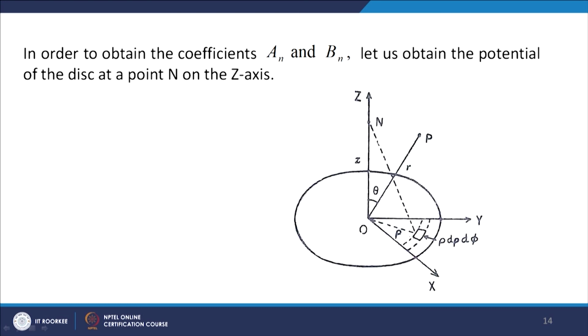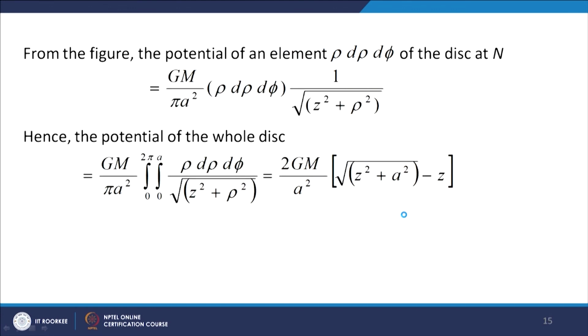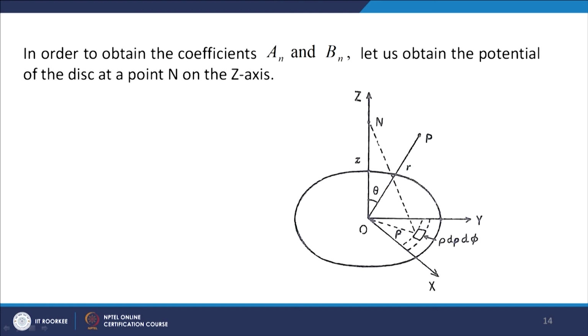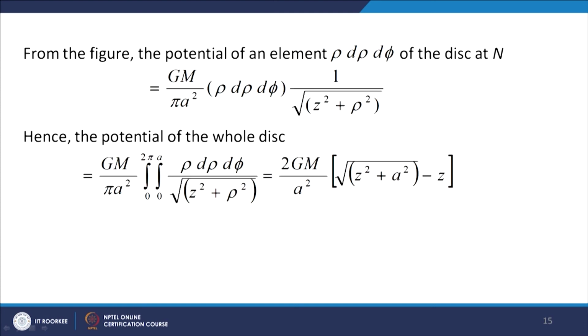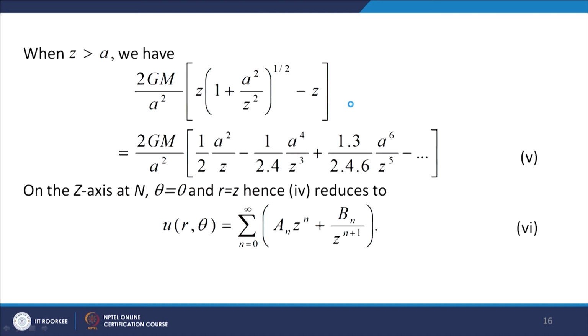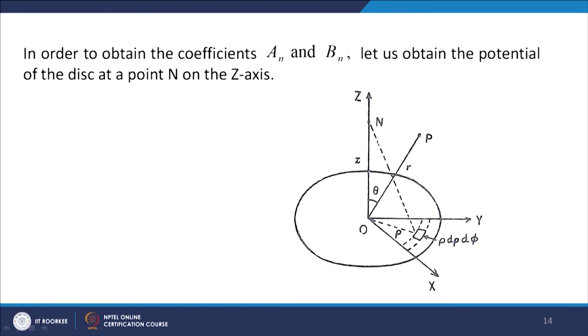For this element, the potential of an element rho d rho d phi of the disk at the point N will be equal to GM over pi a square rho d rho d phi into 1 by root z square plus rho square. Root z square plus rho square is the distance of the point, this distance.